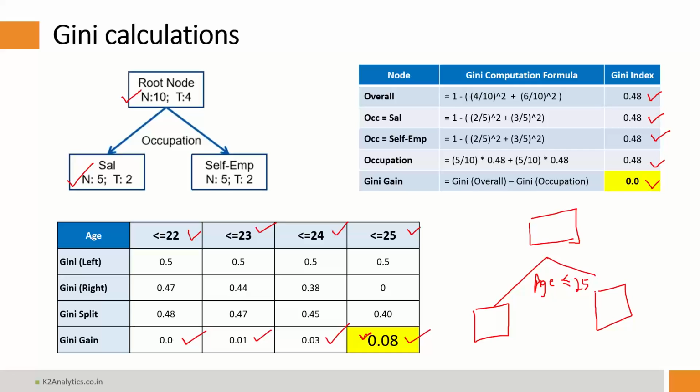Once you have got the two child nodes, if I have to further find which variable is the best variable to split further, once again I'll have to do comparison for gender, occupation, age. A variable which has come can again come in the next iteration also. Here the data is small, but just think you have 1 million records and the age is not restricted to 21, 22, 23, 24, 25, 26.